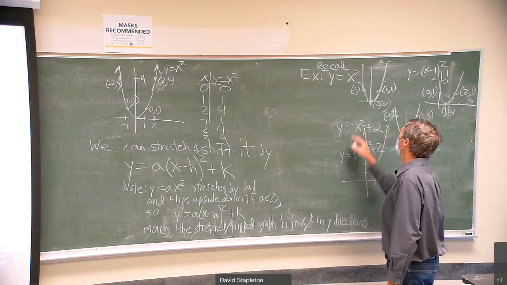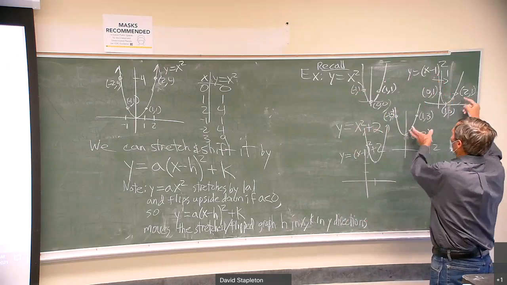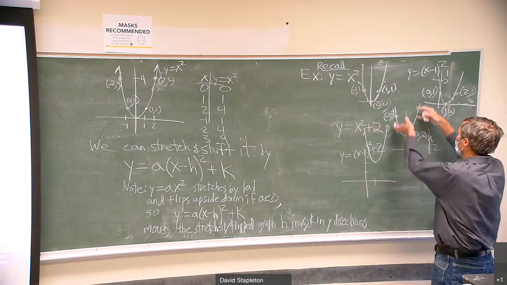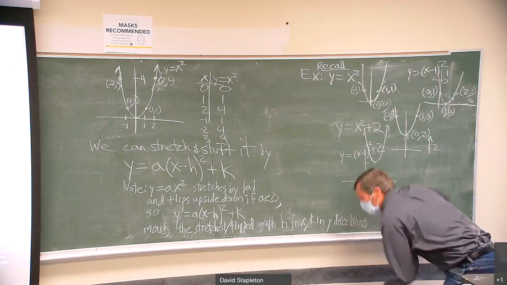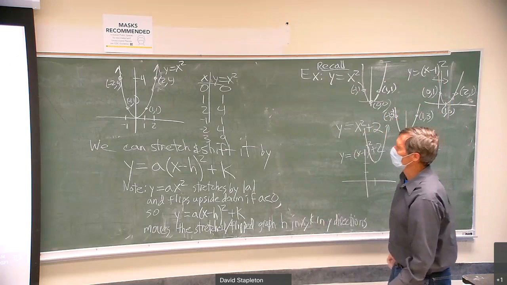Just like this example, replacing x by x minus 1 moves it over 1, and adding 2 at the end moves it up 2. You can do that to the stretched graph also.